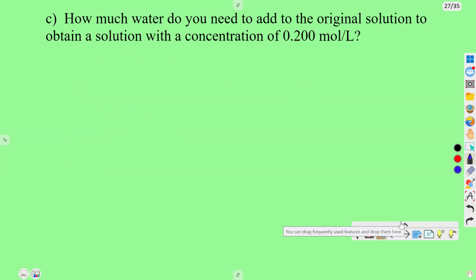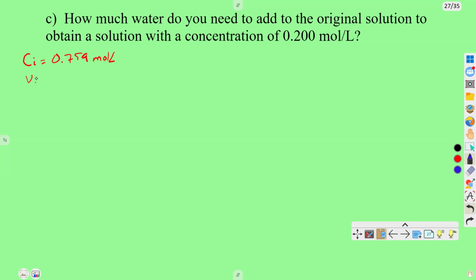Now, how much water do you need to add to the original solution to obtain a solution with a concentration of 0.200 moles per liter? Okay, so there's also a little trick that I want to show you here. But let's just start everything out the way we did before. The initial concentration is 0.759 moles per liter.